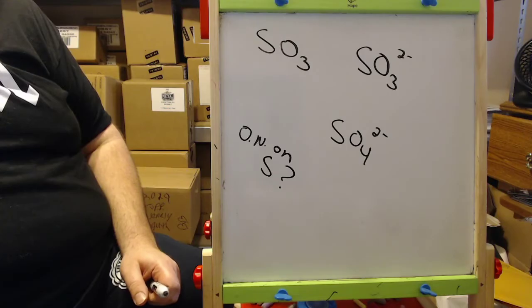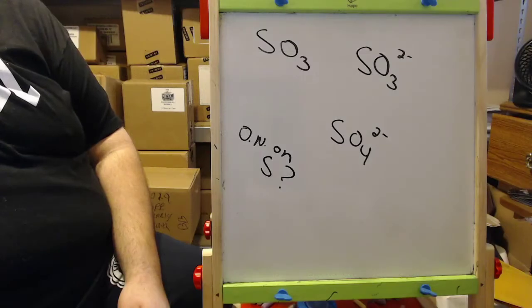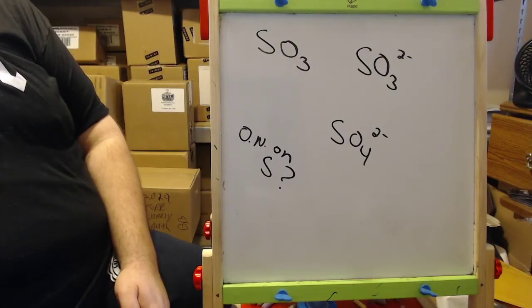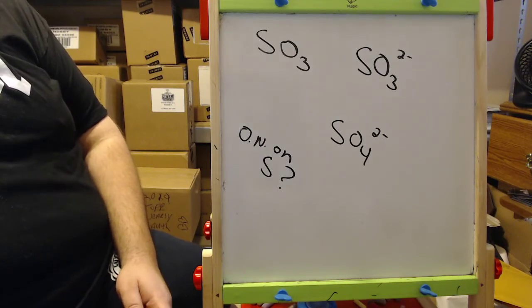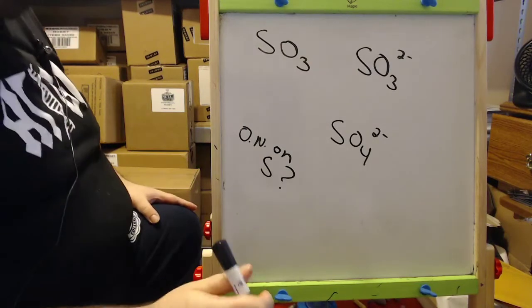So I go back and say, well, is there a rule for oxygen? I look here at number 5, and it says, for oxygen, in all compounds that aren't peroxides, except with fluorine, it is a -2 charge. So oxygen, no matter what it's bound to, has a -2 charge as long as it's not O2 or a peroxide, which we won't worry about right now.